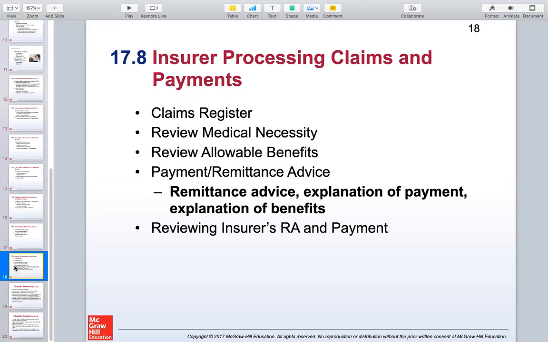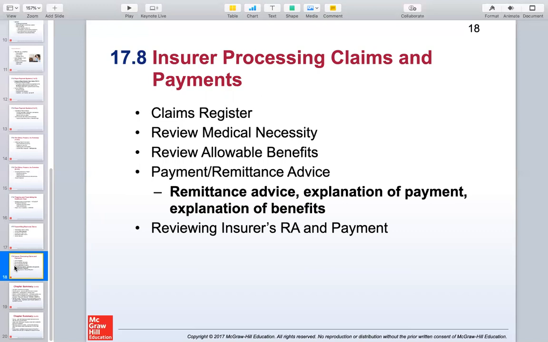And then your payment or your remittance advice, basically this is just the explanation of what was remitted, so what we did, and what was remitted as far as payment. With the payment, the insurance company will send a remittance advice or an explanation of payments, or sometimes called explanation of benefits.